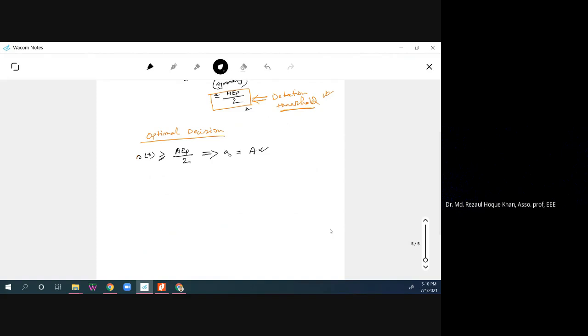If RT is less than AEP by 2, A0 will be detected as 0.